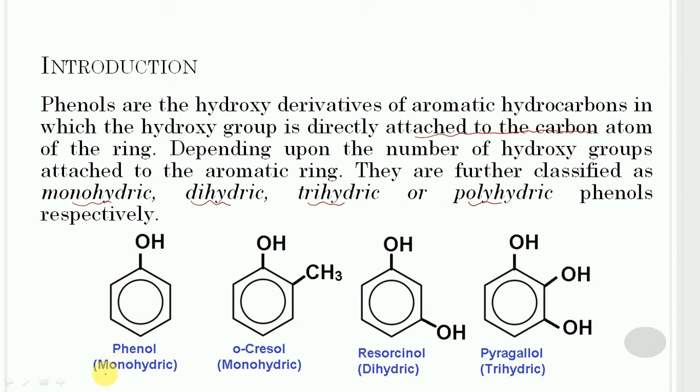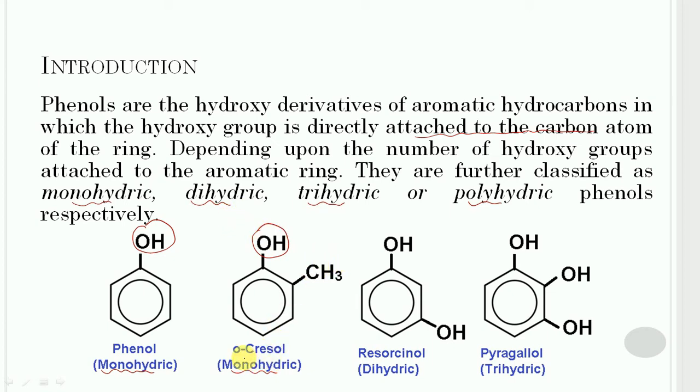The first one is the monohydric. In this case, only one hydroxy group is attached with the carbon of the ring, and it is also called phenol. The second one is also monohydric. In this case, only one hydroxy group is attached with the carbon of the aromatic ring.